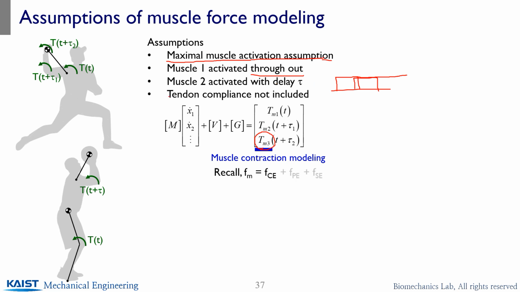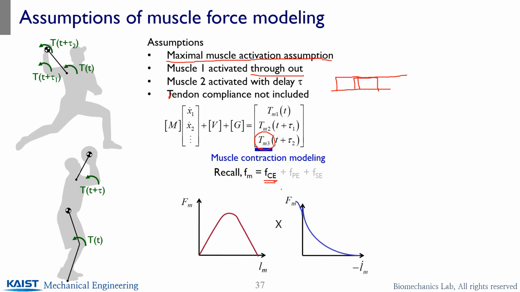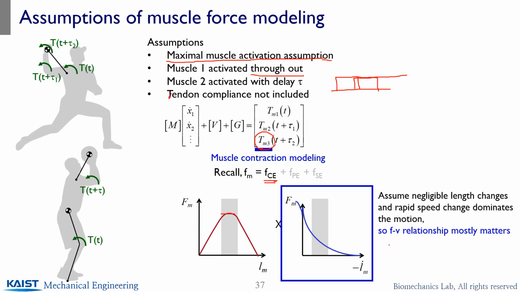And we are not going to include the tendon compliance. For the previous jump example, we examined that this one dominates most. And among those contractile element effects, assuming that the range of the motion change doesn't really affect the results, the force-velocity relationship will dominantly affect the motion. That's what we assumed in the previous jump study.